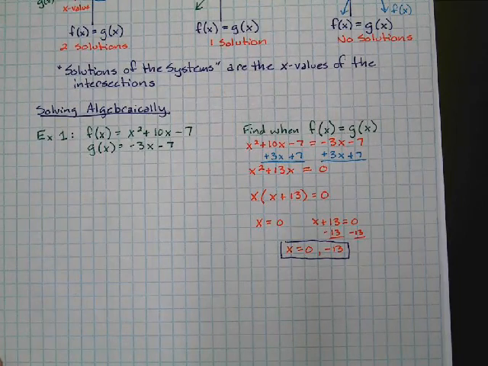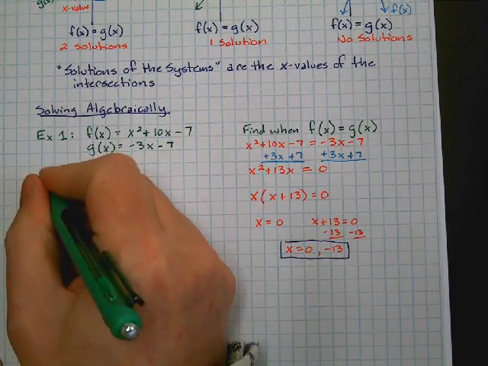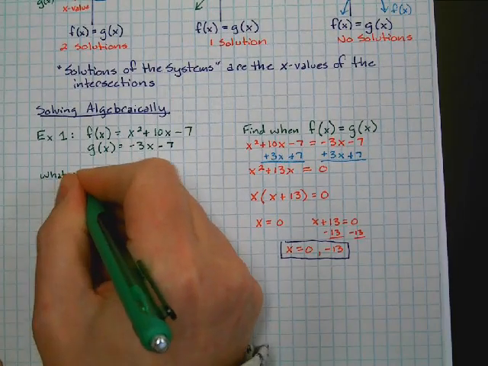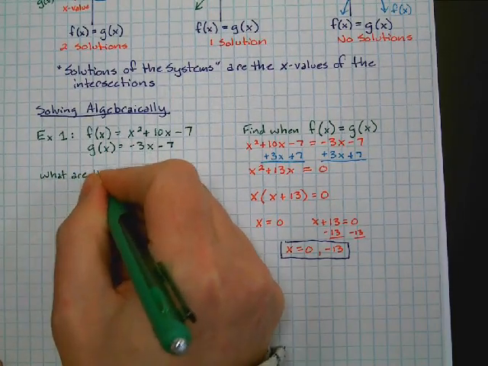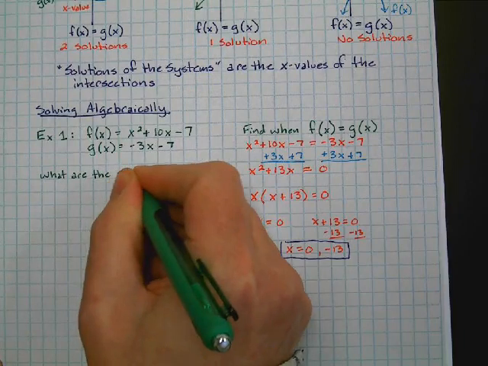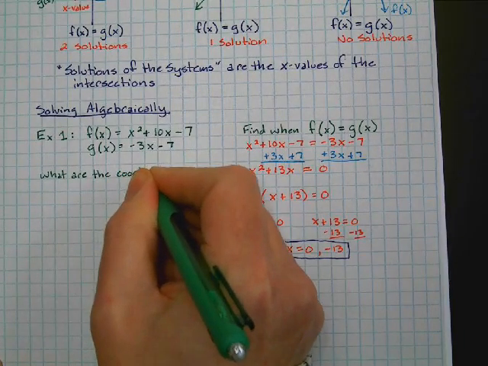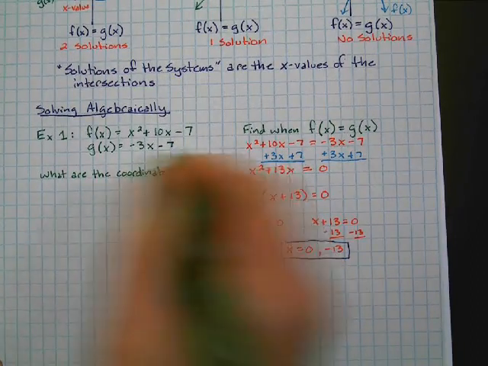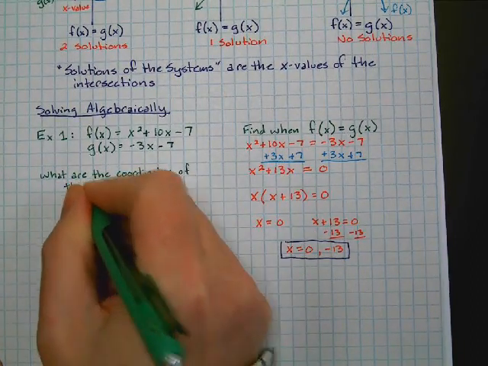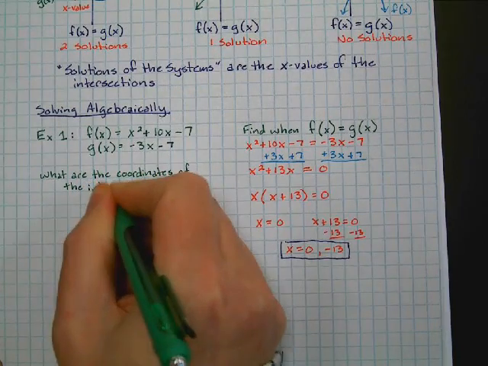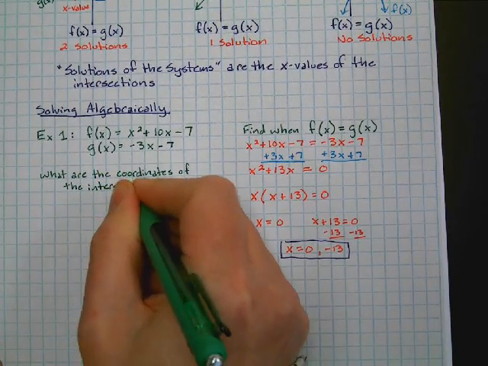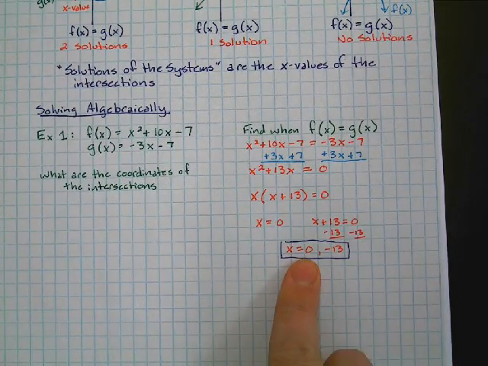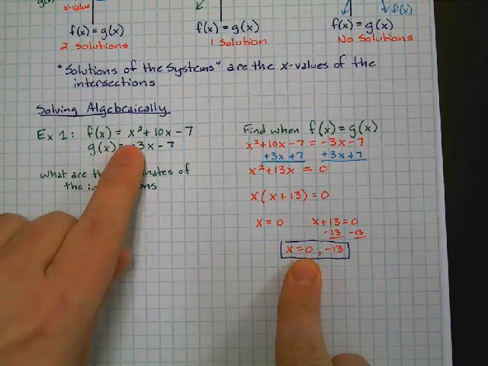So if you wanted to add the question of what are the coordinates of the intersections, that could be answered just by plugging in 0 into f of x or g of x.